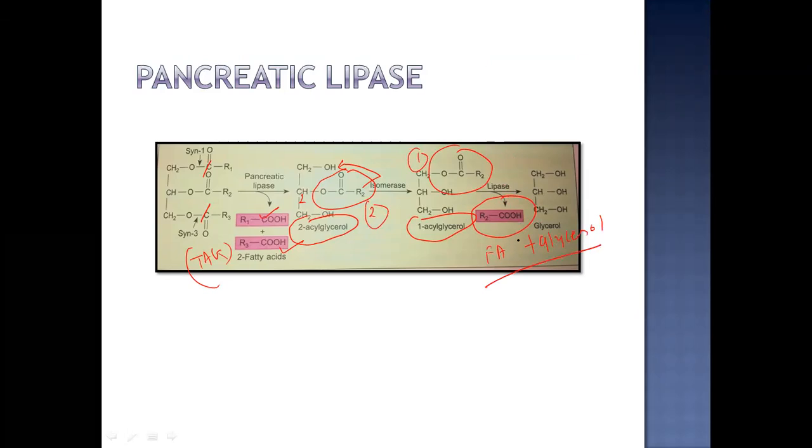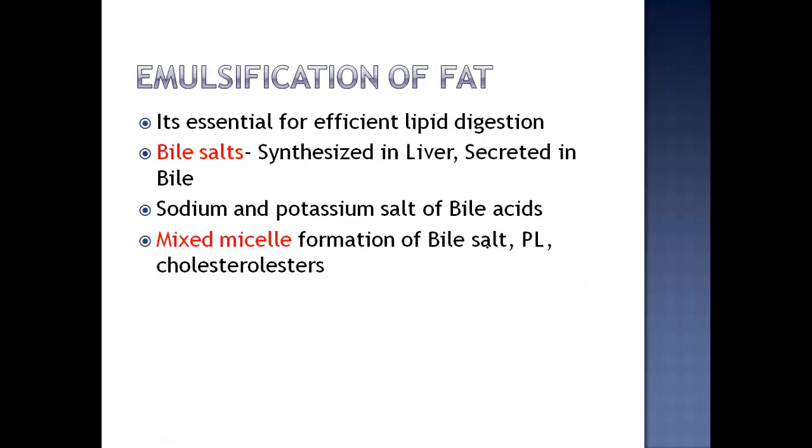Okay. So here also ultimately the product will be glycerol and fatty acid, but in case of gastric lipase, it was diacyl glycerol. Here it will be free fatty acid and glycerol. Okay.